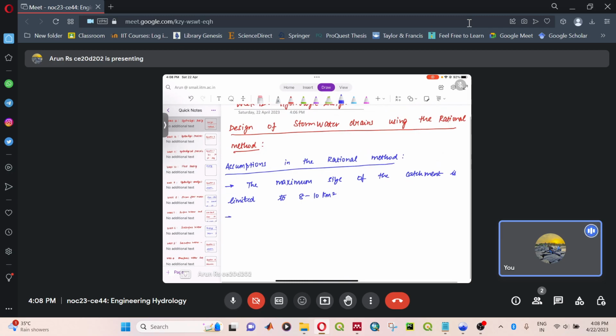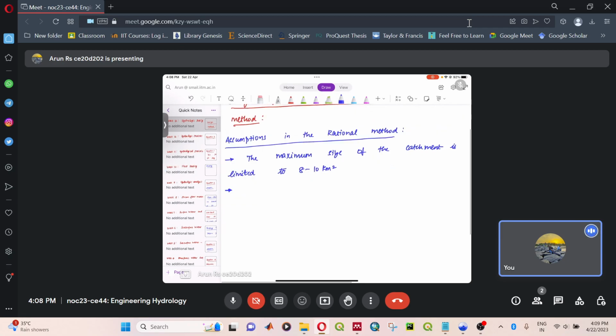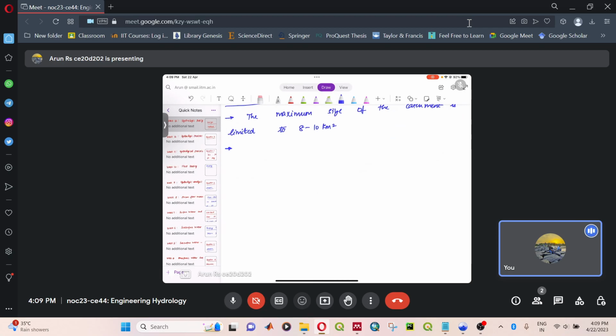And while applying this method, we need to divide the large subcatchments into small subcatchments. So if you say you have this much big area in which you have to design the storm drainage network, we may have to subdivide this entire catchment into small catchments according to the layout of the roads or according to the flow direction of the runoff.